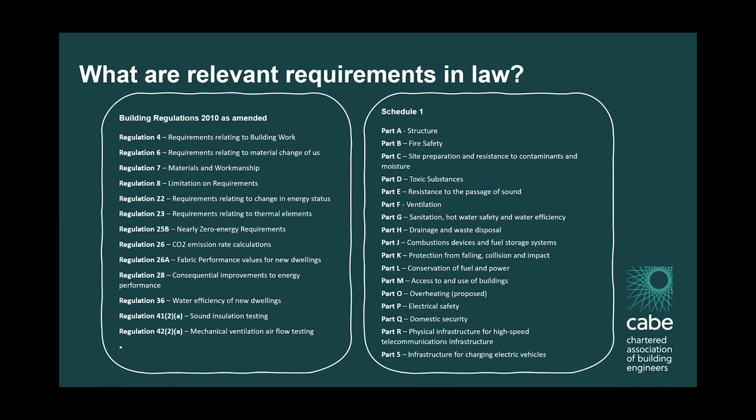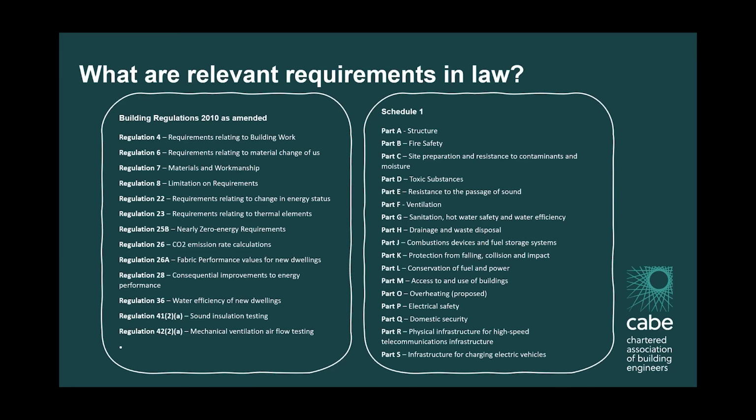I mentioned earlier that I define what the relevant requirements are. So the duty holding regs make lots of references to relevant requirements, compliance with relevant requirements of the building regulations. Well, here they are. So there's a series of individual regulations which cover various aspects of construction.